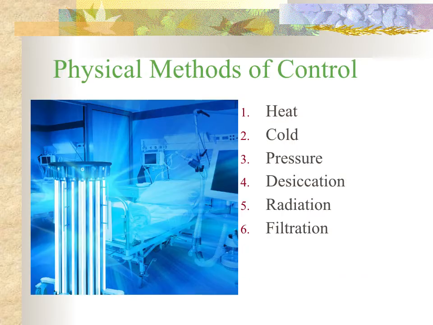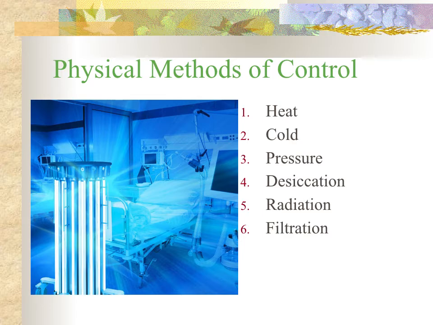And then the other methods are physical methods that don't involve exposure to chemicals. These are changing the environment, changing pressure or the availability of water, or using radiation or filtration. This picture here is of a UV sanitizer that's used in a hospital room. It blasts UV light to control microbes on surfaces.